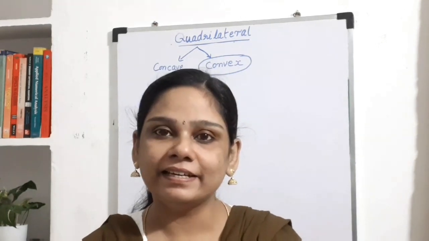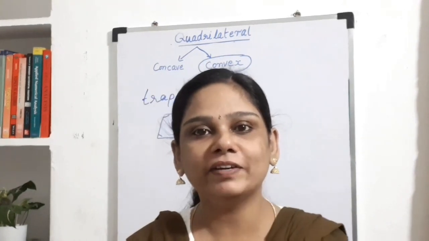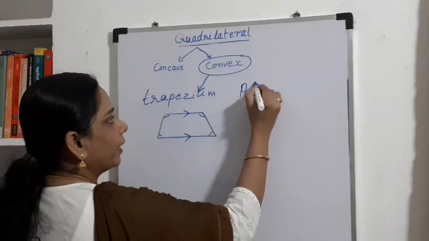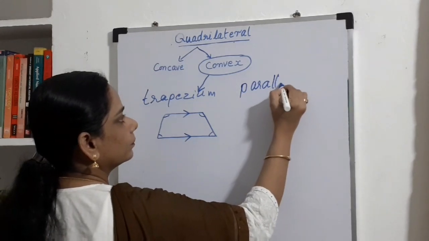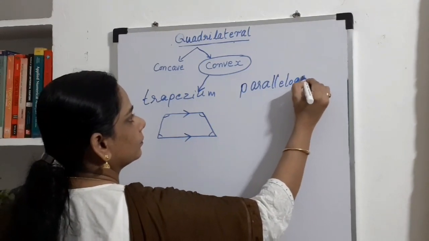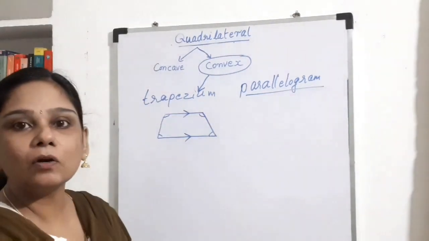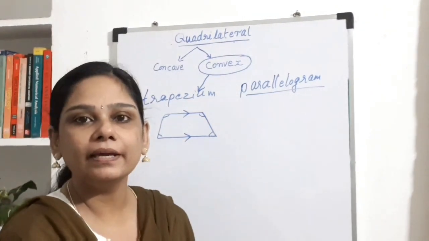Now let us see the next type of convex quadrilateral, that is the parallelogram. In a parallelogram, the pairs of opposite sides will be parallel.